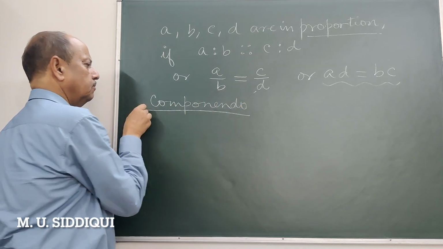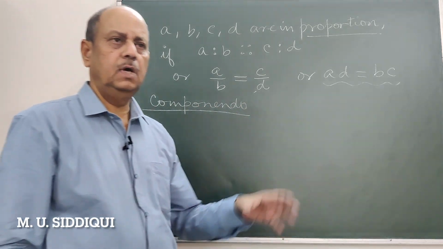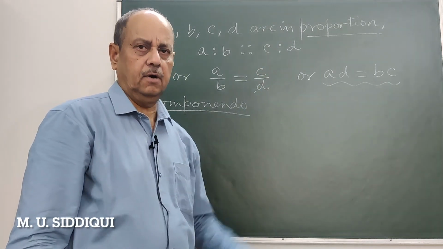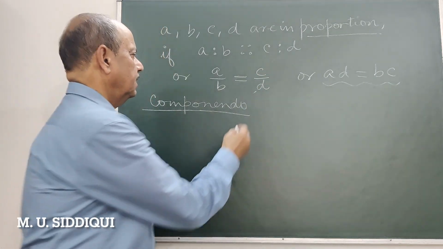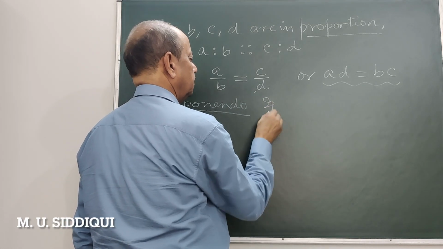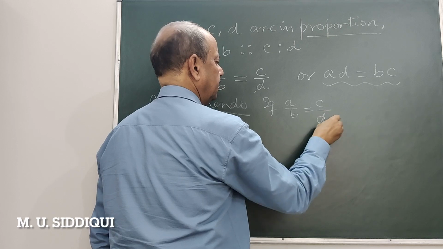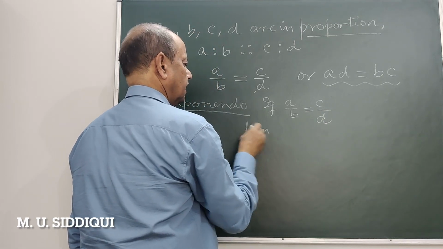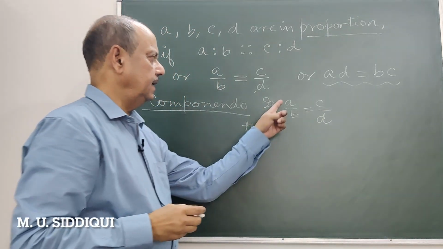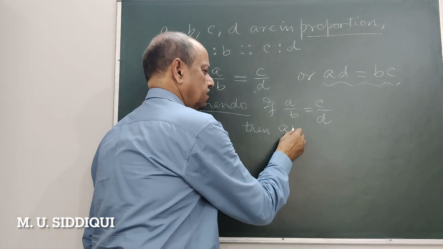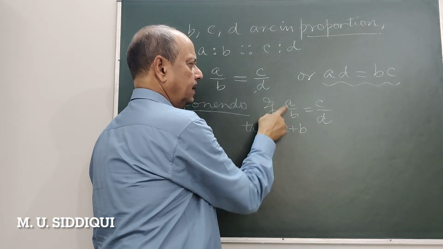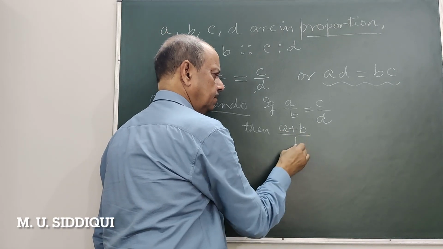These are the names of the operations which allow you to do these operations in a certain order. So what does it say? This componendo says that if A upon B is equal to C upon D, then it allows you to say that A plus B, that is, we are adding the numerator and the denominator and keep the same denominator.